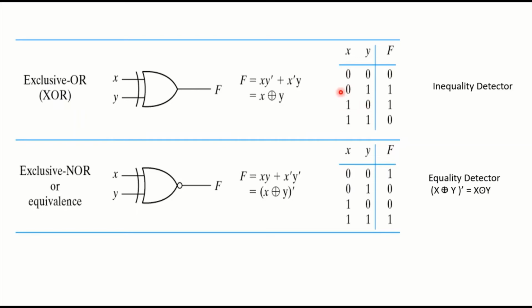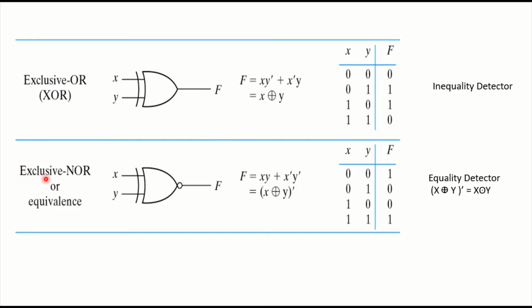If both the inputs are not equal, we are getting output as 1. That's why this gate is also known as an inequality detector. It means it can be used for detection of the inequality of inputs.